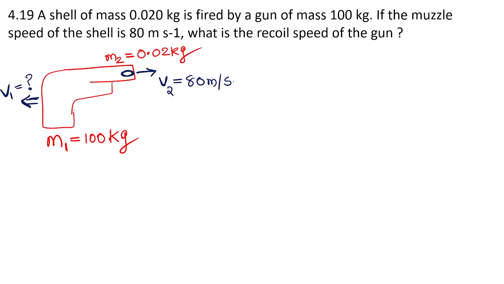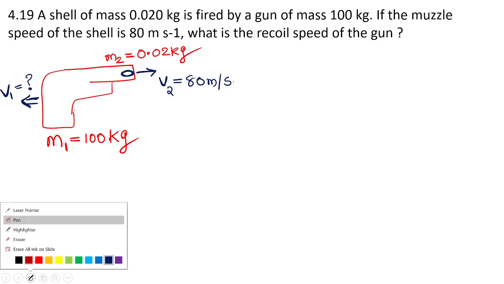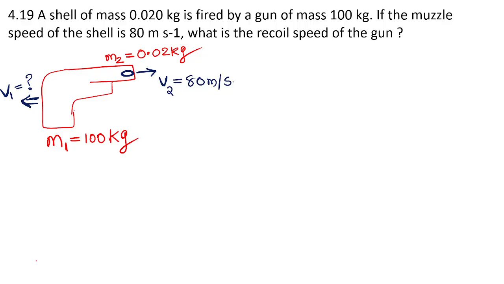Okay. So V1 is said to be the recoil speed. This is a very important question. Don't forget it. In the previous class we studied conservation of momentum. Is there any external force applying? No external force. This bullet is fired because of an internal chemical process, right?